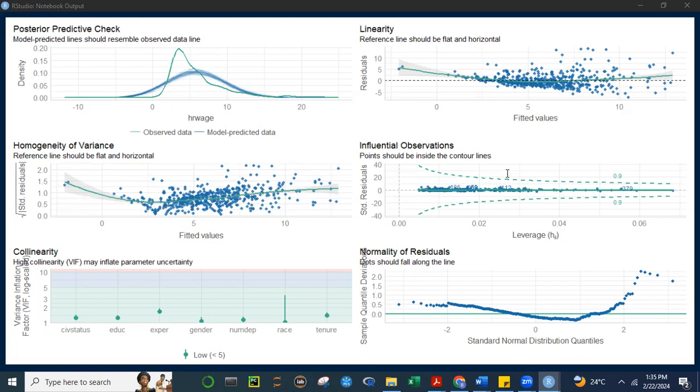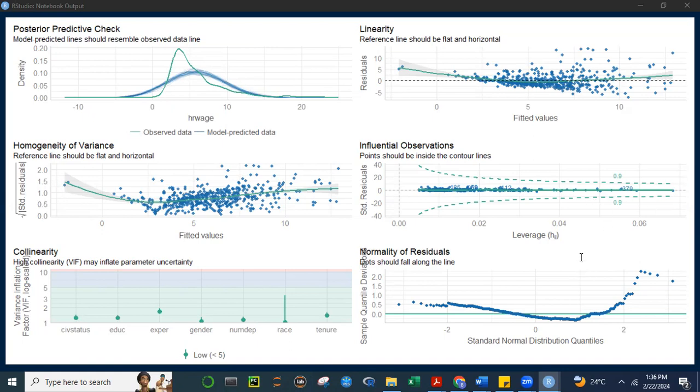Okay, influential observations, dito class makikita natin, the points should be inside the contour lines. So these are your contour lines. Although these numbers here pertain to the outliers, they're not outside the contour lines, which means they're not influential observations.